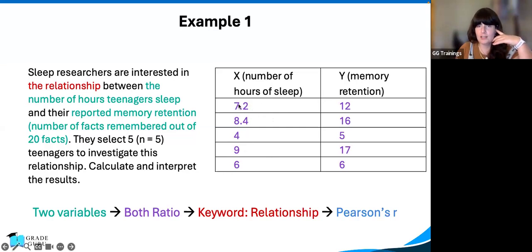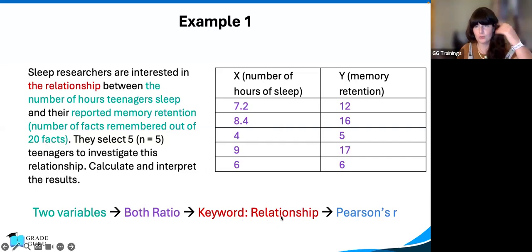Person number 1 said that they sleep 7.2 hours per night, okay? So that's ratio. Same thing for reported memory retention. If you look, it says number of facts remembered out of 20. So that's basically 0 to 20. So that's also ratio. So 2 variables, both of them are ratio.